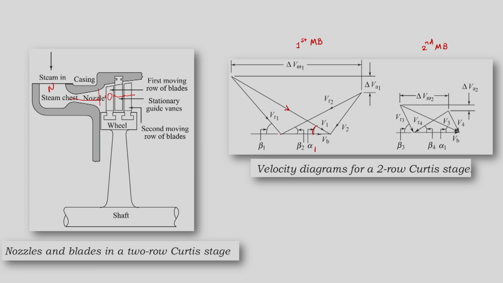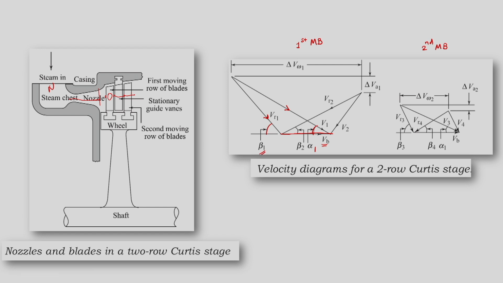We know that the moving blades are rotating with tangential speed Vb, at speed rpm N, and there is an angle alpha 1 between them. So, we have the relative velocity at the entry as Vr1 and the corresponding angle beta 1.